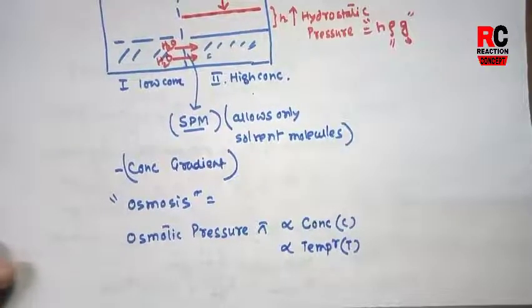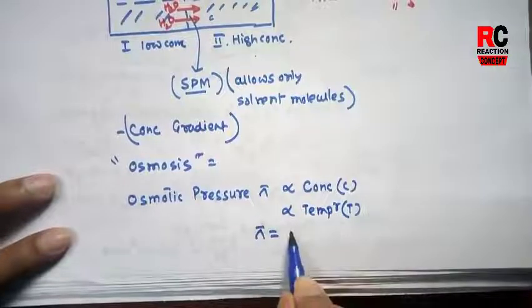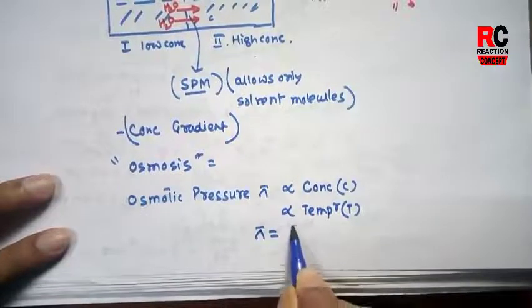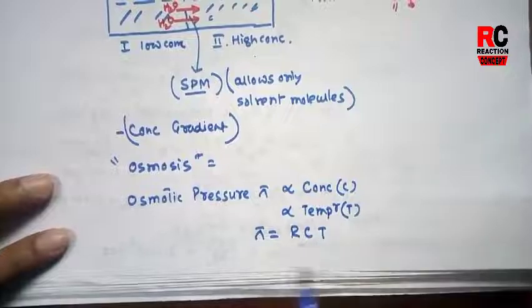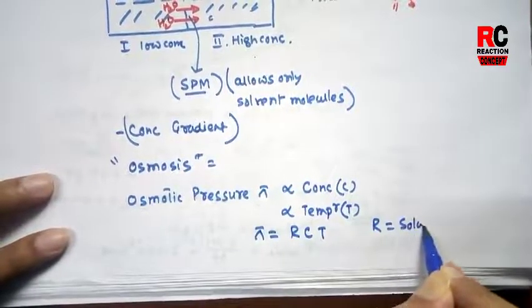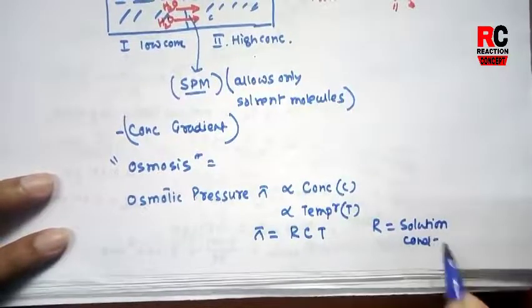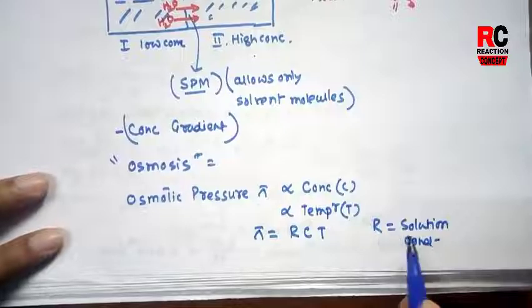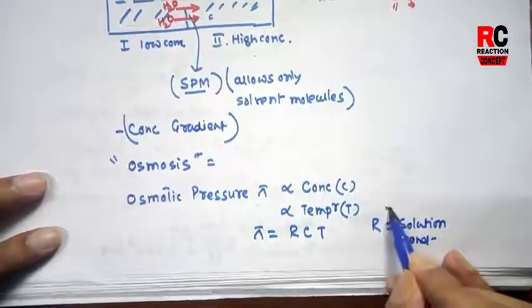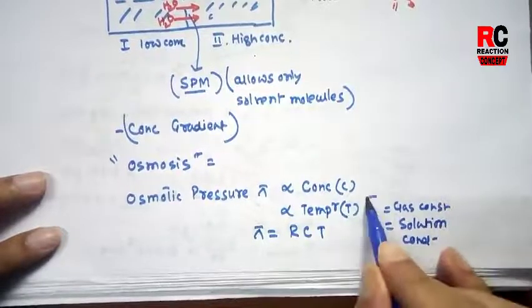So you can write pi equal to R into C into T, where R is the solution constant. This value is equal to the gas constant of the ideal gas equation.